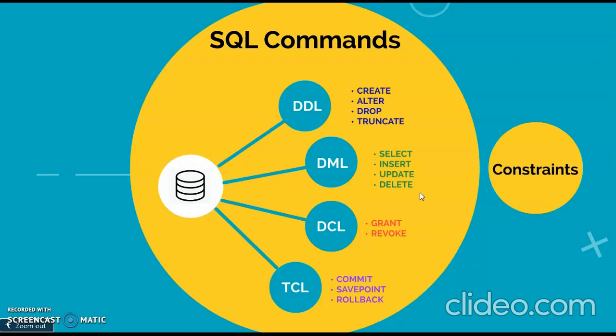Next, we have DCL. Once I have created the data and entered everything, if I want to control that data, like no one should have access to it, or it can only be viewed but not edited, we have two privileges. First is the grant command and second is the revoke command.